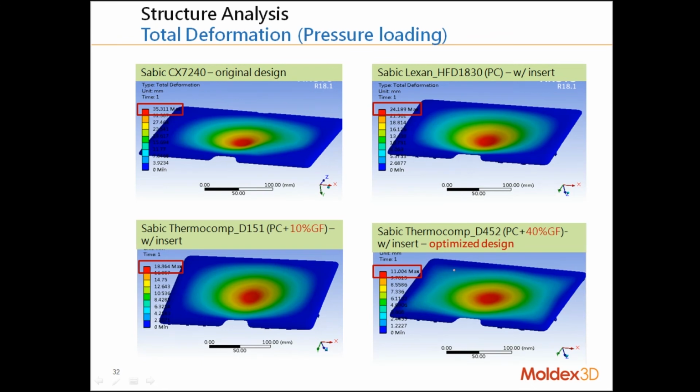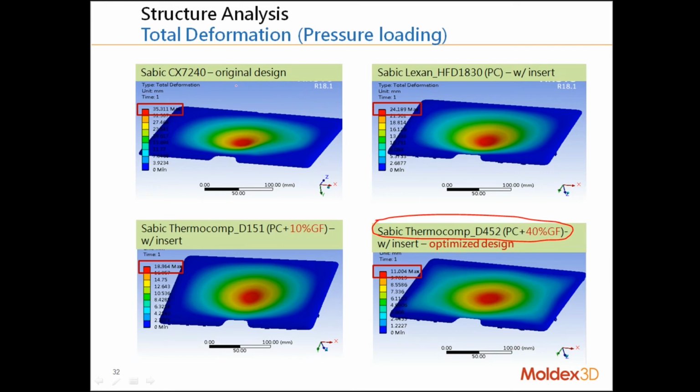And this is the simulation result, as we can see. As I said, originally they had different designs. What you can find here on the right bottom side is the final design, with the material including the highest percentage of glass fiber.